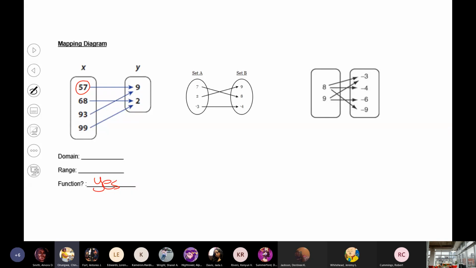And my domain is everything under my x, everything that the arrow is coming from, okay? So the arrow is coming from 57 going to y. So my domain is going to be 57, 68, 93, 99. And this is a function because every element of my domain is mapping only to one element in my range. And my range on the other side is just 9 and 2, okay?